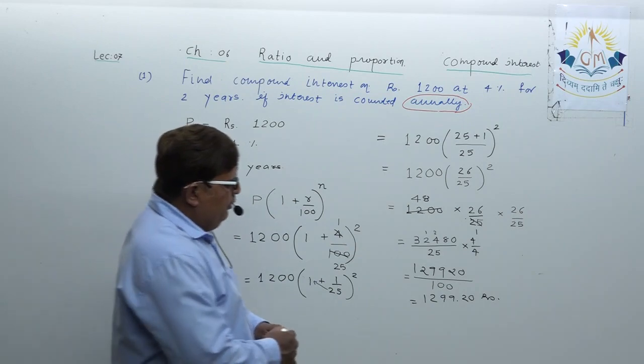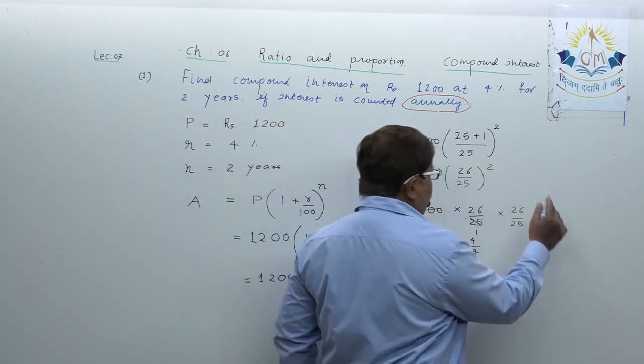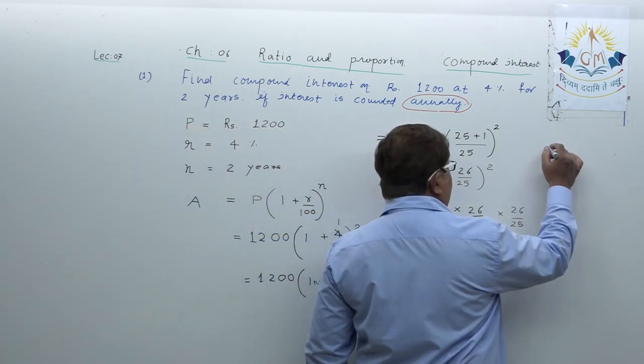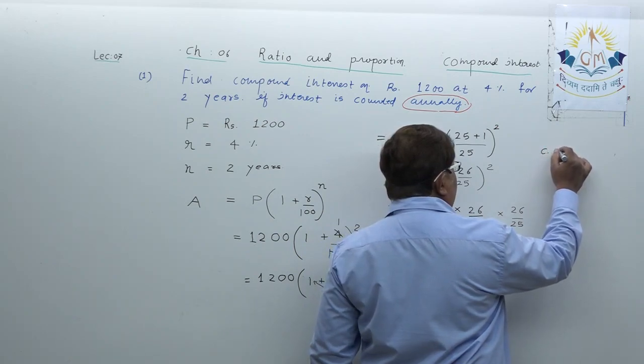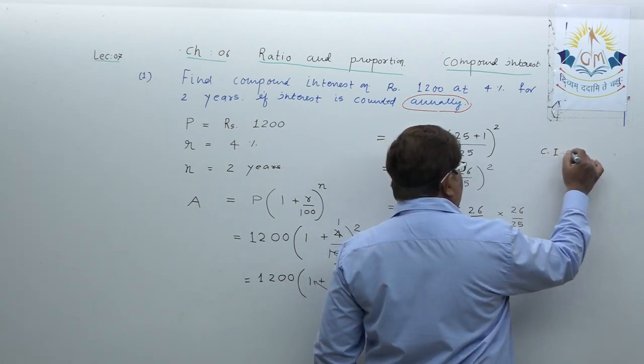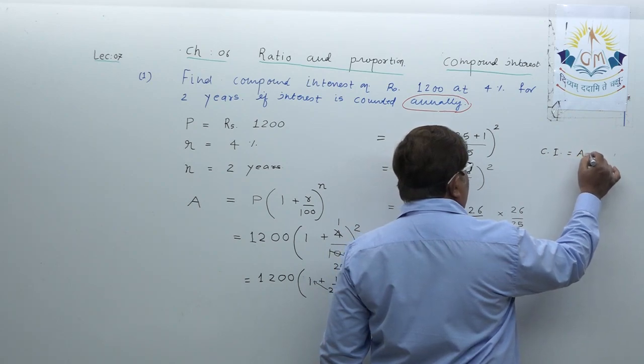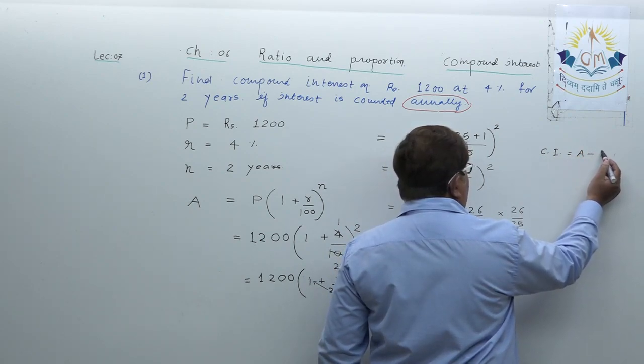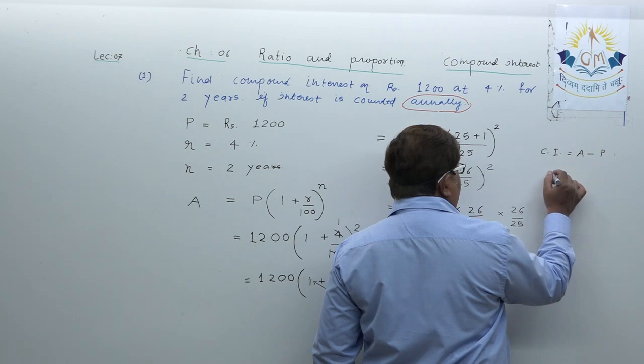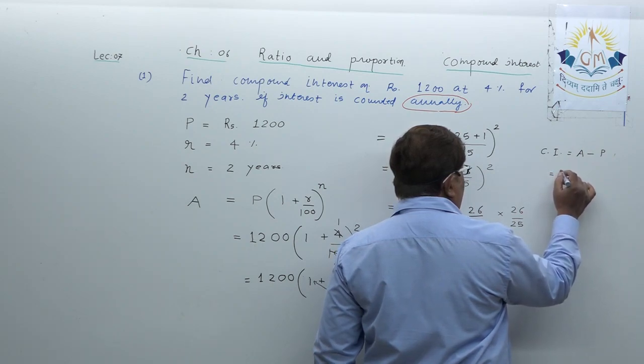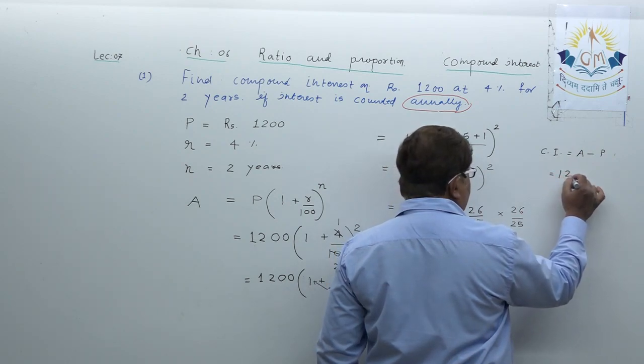I am doing that step for you here. Please concentrate. I am writing CI, that means compound interest, equal to A minus P. Let us substitute the value. What is A?